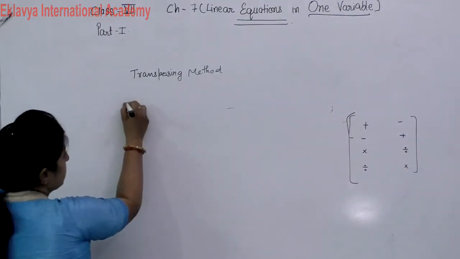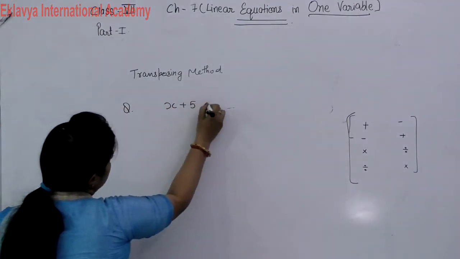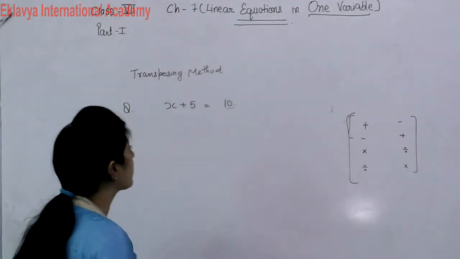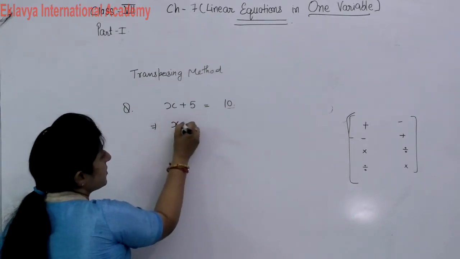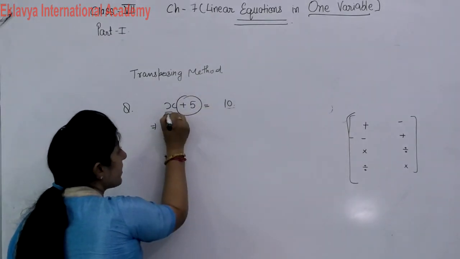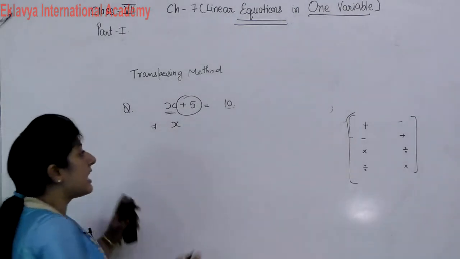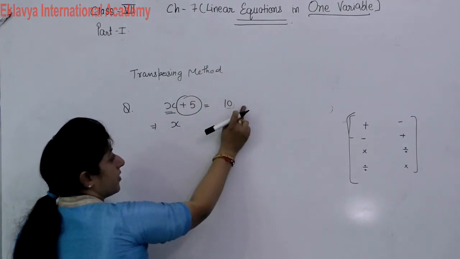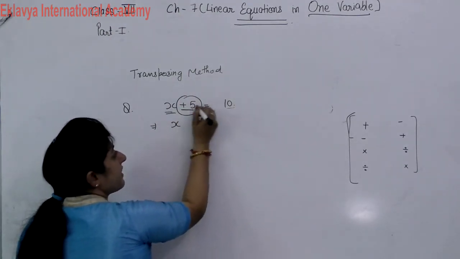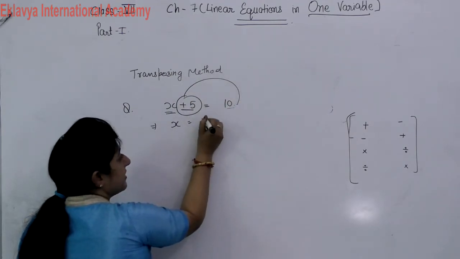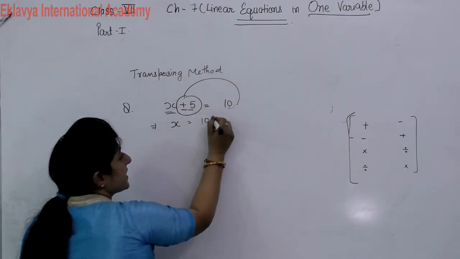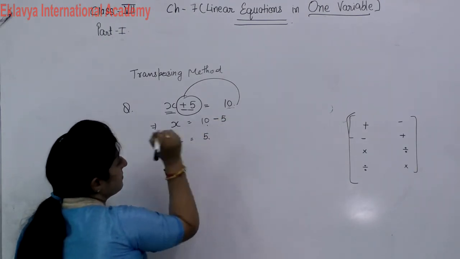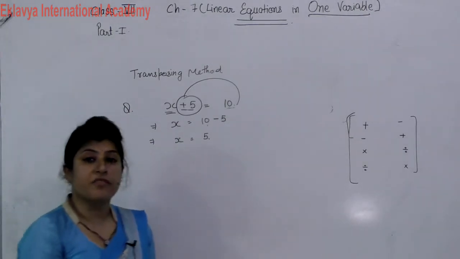See here, suppose in the simple case I write x plus 5 is equal to 10. For simple transposing, this is in plus, the unknown variable we keep in its place, and this quantity we want to change to the other side. When you change the side, this plus 5 becomes minus 5, and our answer directly becomes x is equal to 5.